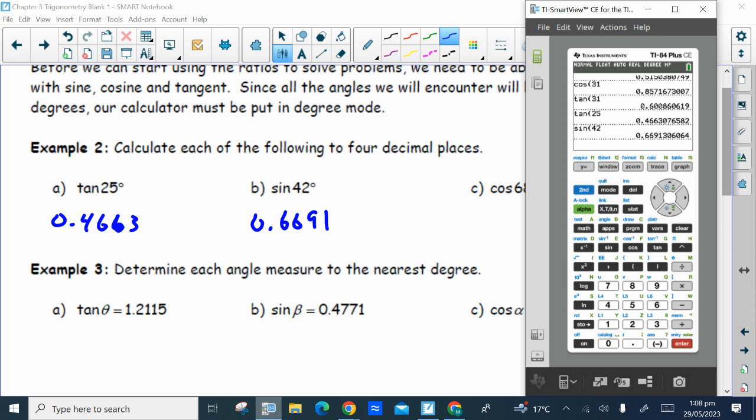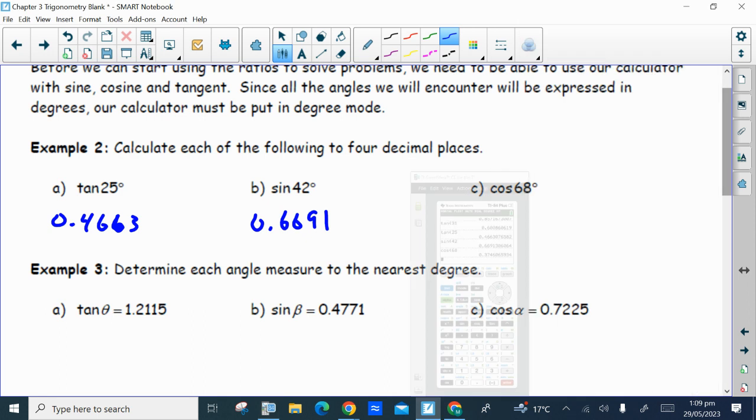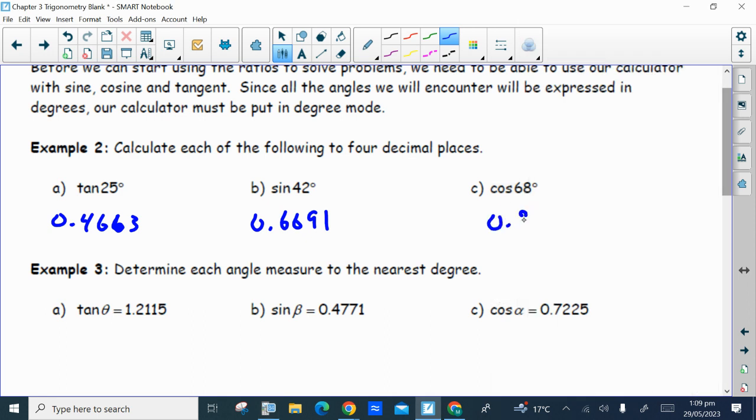Round it to 4 decimal places. And then the cosine of 68, 0.3746. Right?